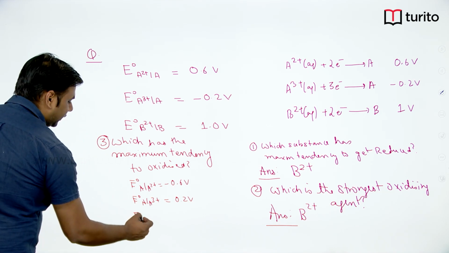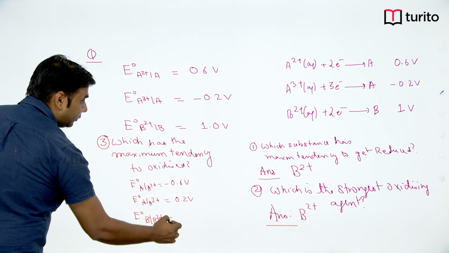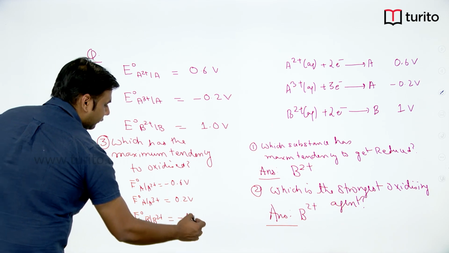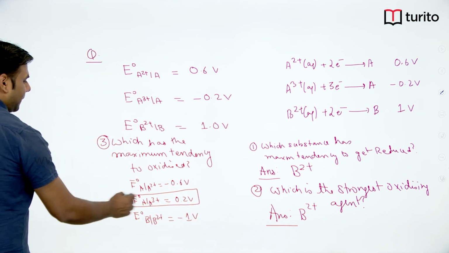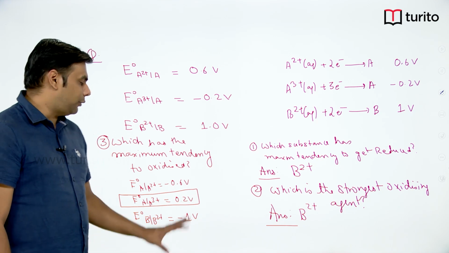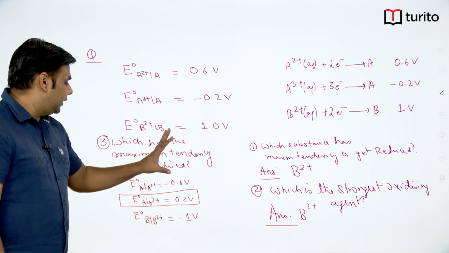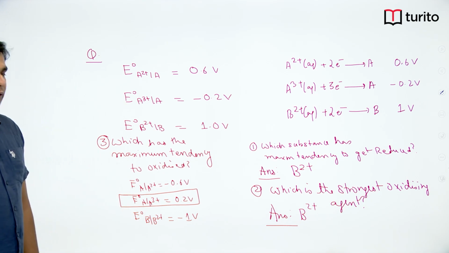Similarly, if you reverse the third reaction, this would be B oxidizing into B2+, this would be minus 1 volt. So you can see that the oxidation potential of A changing into A3+ is positive. So it is having the tendency to get oxidized.